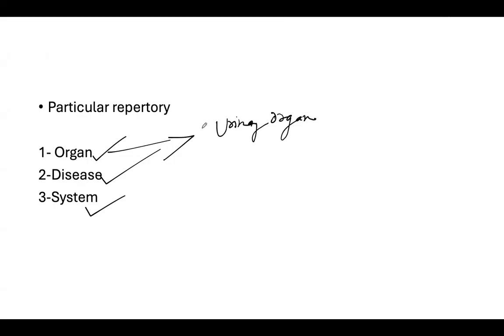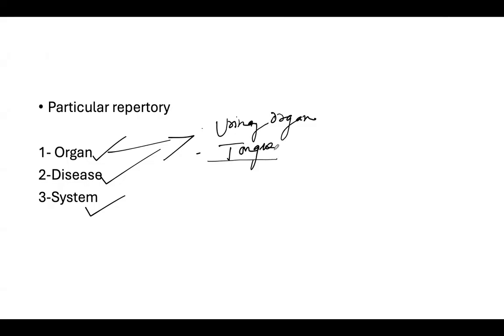Now the other is the particular repertory, that is, repertory according to organs, according to disease, according to system. For example, in the organ, okay, that is respiratory, for example, repertory of a urinary organ, or repertory of the tongue by Douglas.